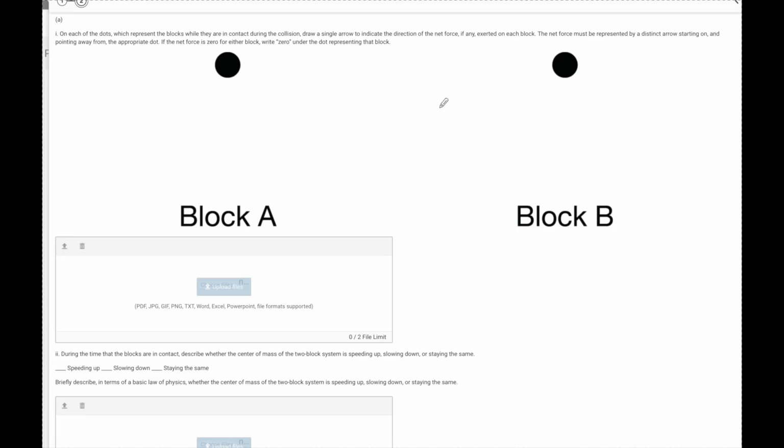A little bit of confusion here that I see. When these two are colliding, Newton's third law says they are going to push on one another like this, and these will be equal and opposite, but this is an F net, and this is an F net. Something we need to understand is that the F net of the system is equal to 0 newtons, but that's not what they asked.